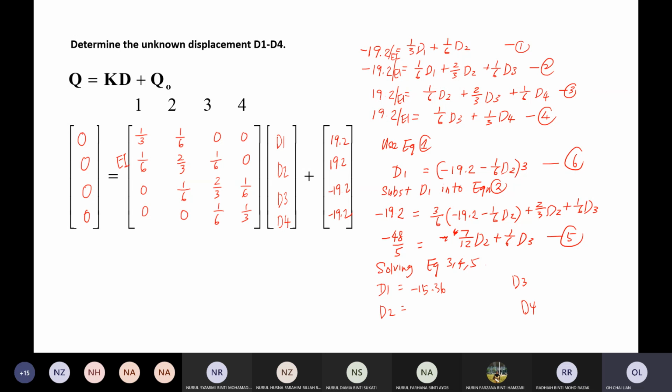This is 200 EI. So where shall we park the EI here? Is it here? Yeah. Okay, and this is EI, and this is EI. So later your information will be in terms of EI over EI. So did everyone get D1 negative 15.36 or any other answer?